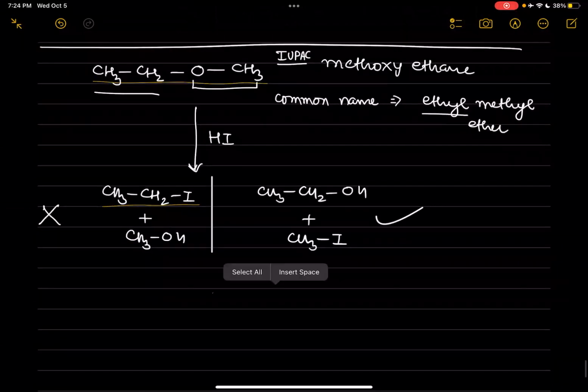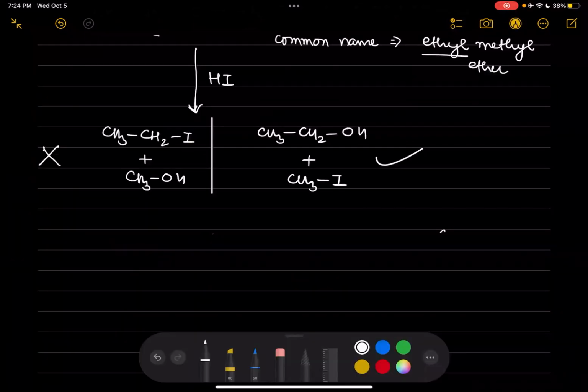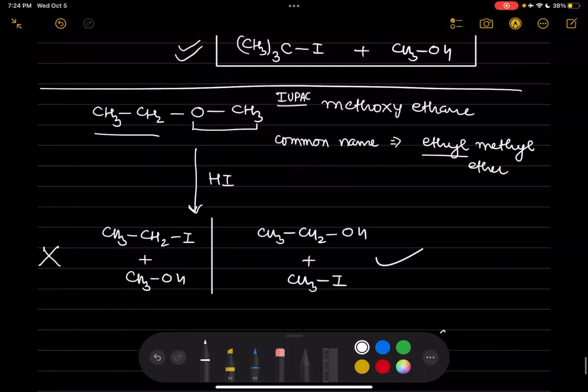Arshin, Imad, Ryan, what's your choice of answer? Sir, mine was actually the left side. Left one. Okay. Actually, you may have thought in this manner the above question.